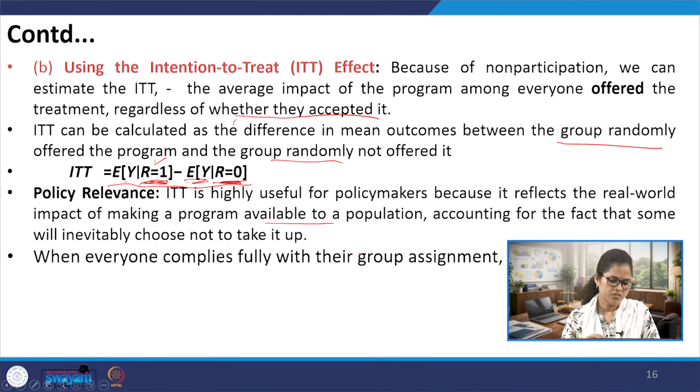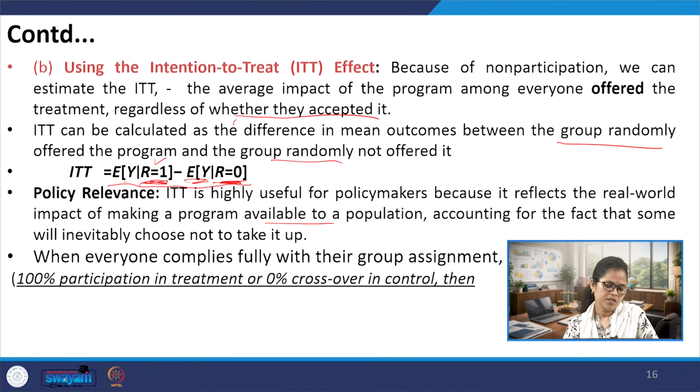So that is the reason it has policy relevance as well. And when everyone complies fully with their group assignment, that means 100% participation in the treatment group or 0% crossover in the control, then this ITT becomes your ATE.